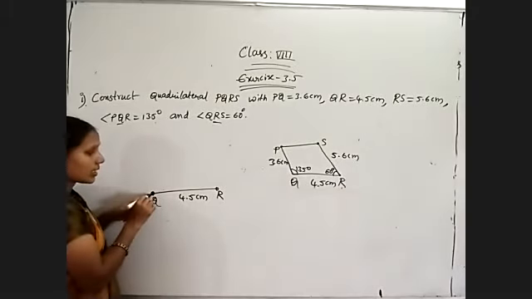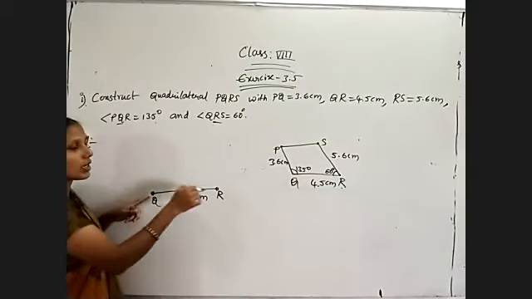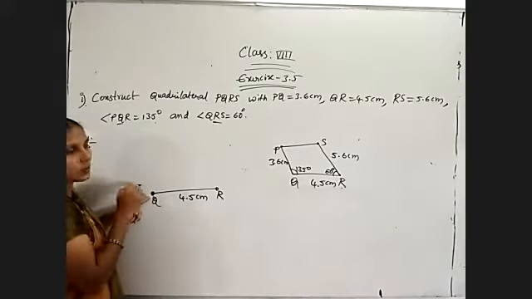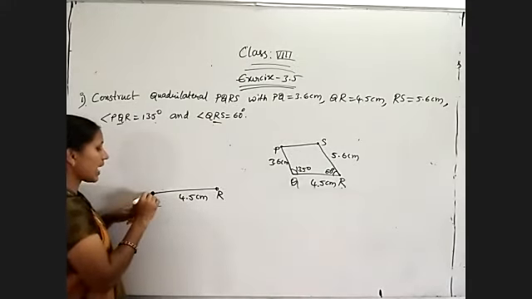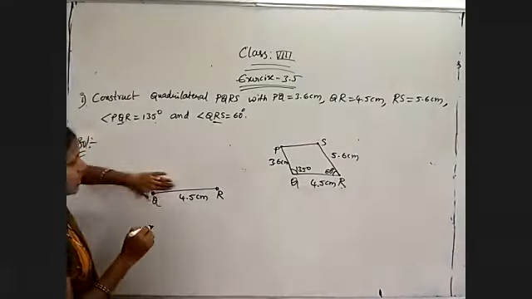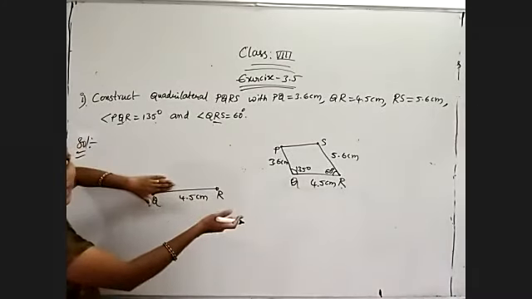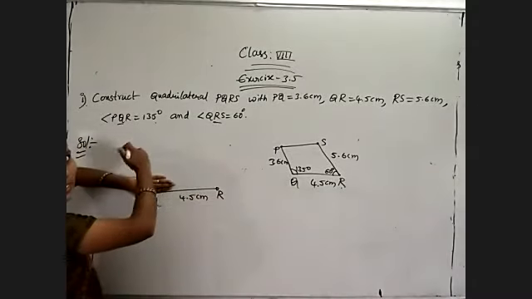Now set the protractor at Q, because I am trying to construct triangle PQR. You can construct triangle QRS also, no problem, but I am taking triangle QRP now. Construct angle Q by keeping the protractor here. Set your protractor here. 135 is an obtuse angle and the line segment is lying on the right side, which means I need to count the inner values.